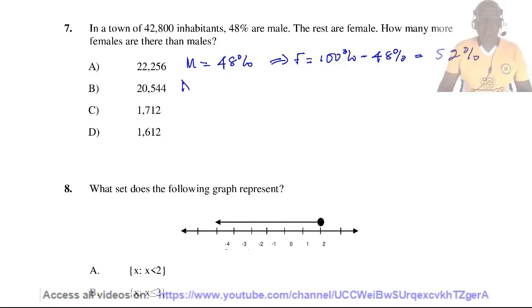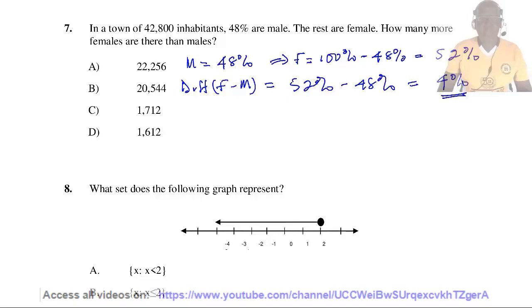The difference, F minus M, equals 52% minus 48%, which equals 4%. This implies that there are 4% more females than males.